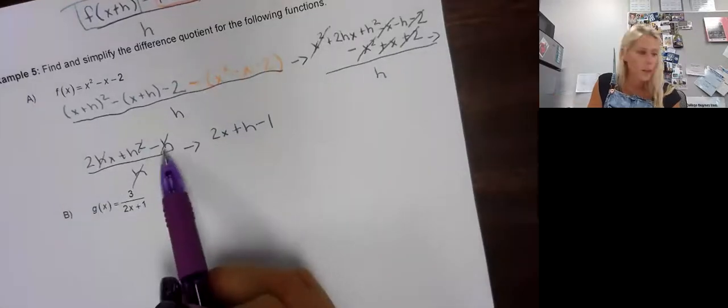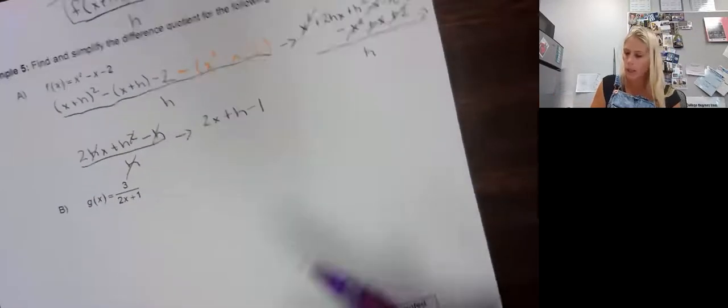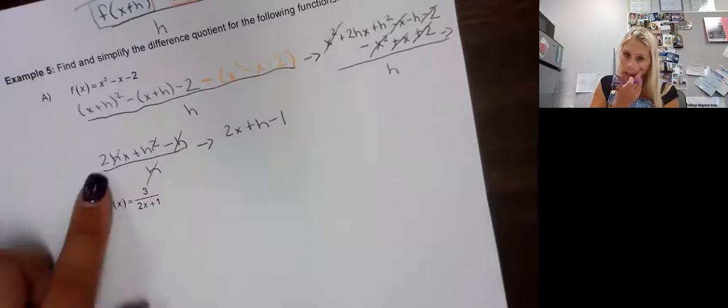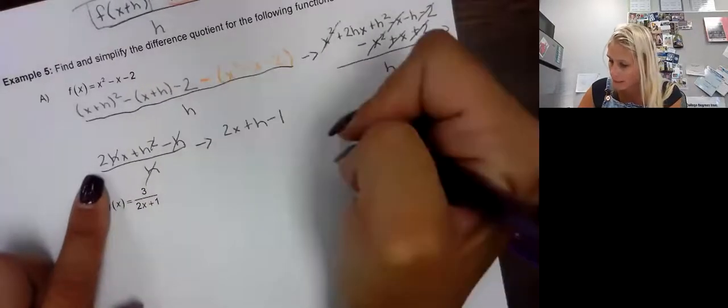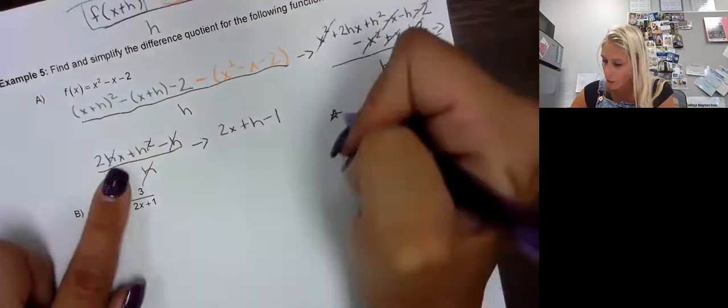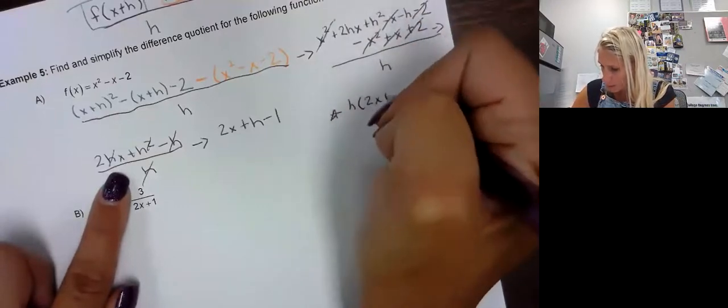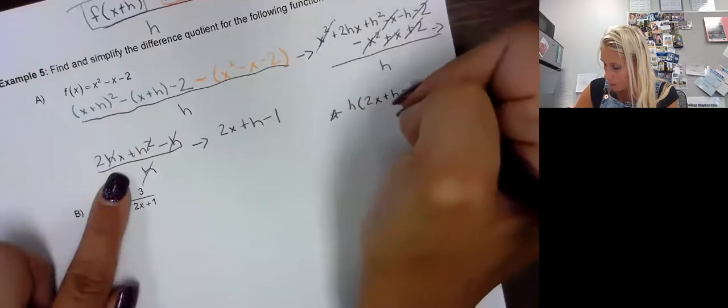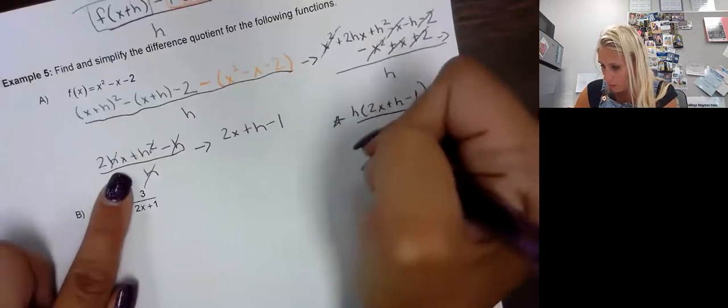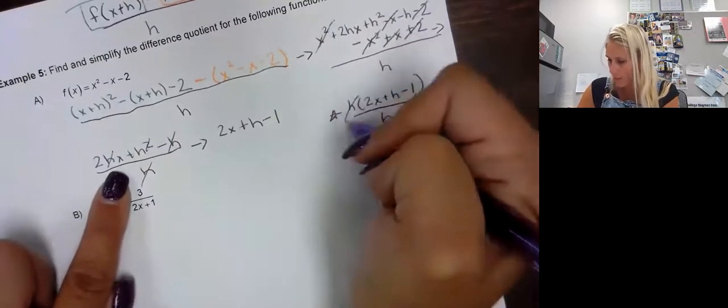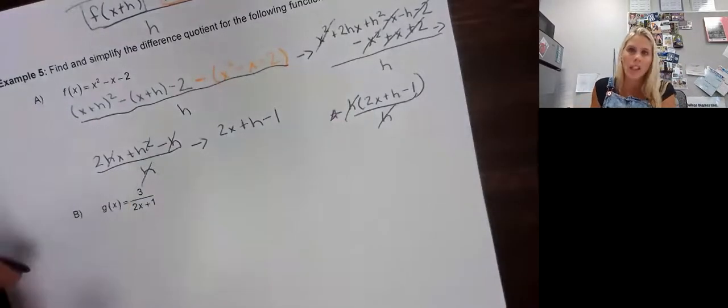Just be careful that this is negative 1, okay? The other way you could have done this, and I'm going to show you on the side here, is instead you could have factored out an h and gotten 2x plus h minus 1, all over h. And then you could have canceled them and seen that a little bit better.